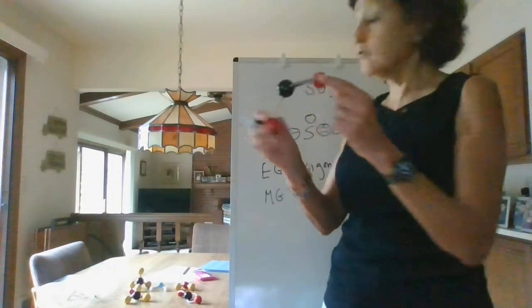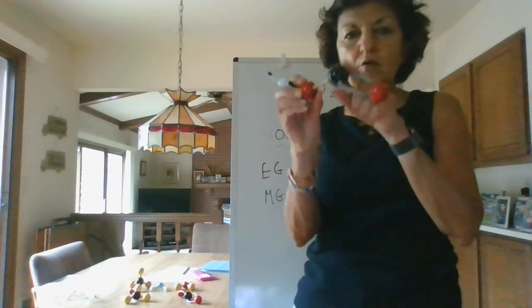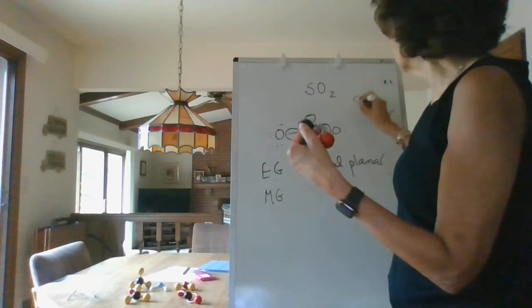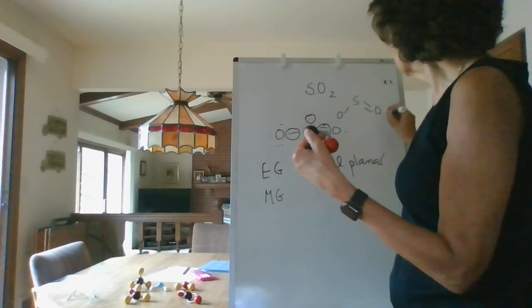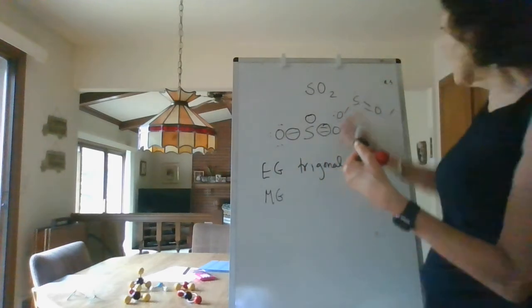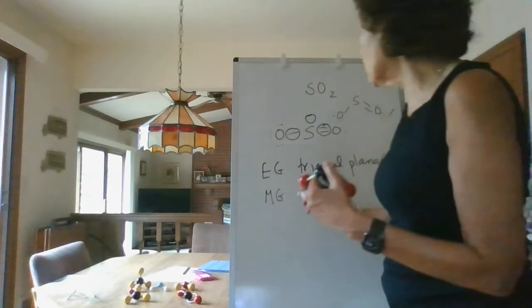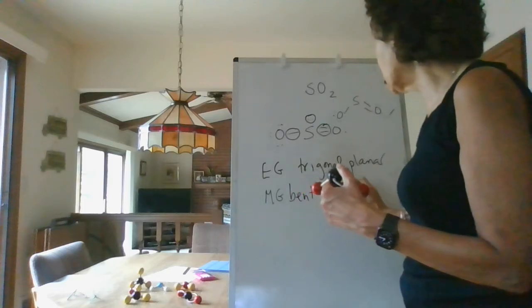All right, so what is it going to be? Well, this is what sulfur dioxide looks like. All right, let's pretend this is a sulfur, oxygen, oxygen. So it sort of looks like this. So it's at an angle. Can you see how it's at an angle like this? So the molecular geometry is called bent, or sometimes in some books they call it angular.